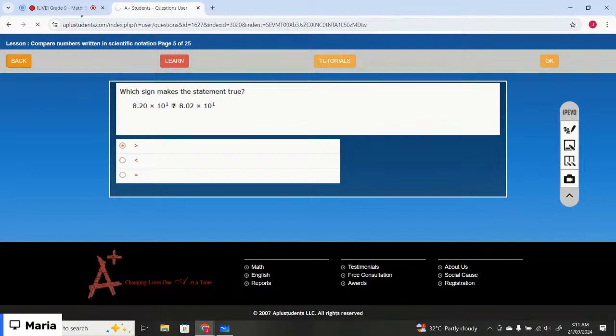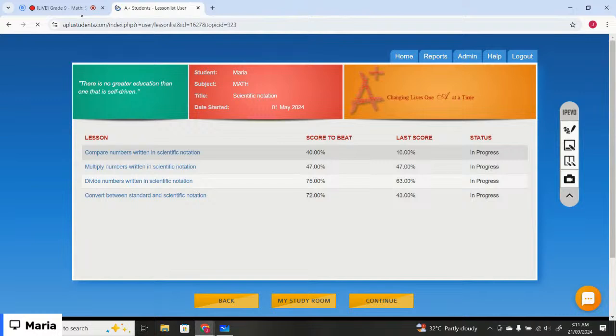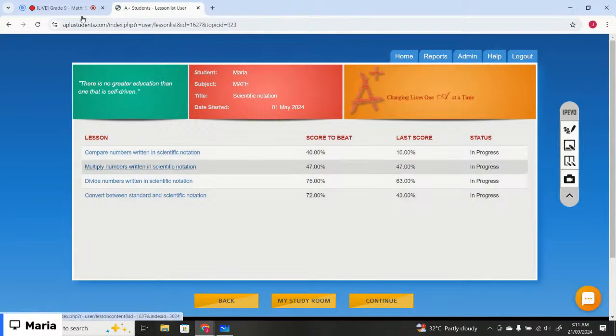Let me just move on to the next lesson. That is multiply numbers written in scientific notation.